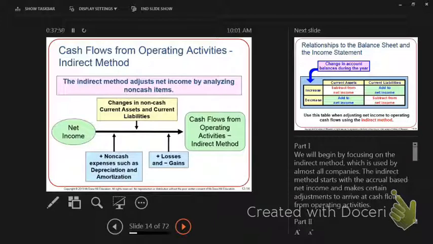But our net income went up. We need to take that cash out because investors are going to see that we got $10,000 in net income, $12,000 in revenue, but we didn't actually collect it yet. When we collect it, cash, accounts receivable, current asset is going down.